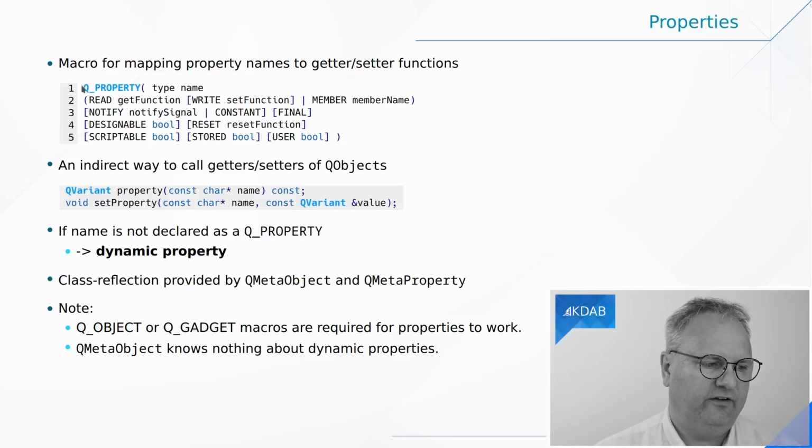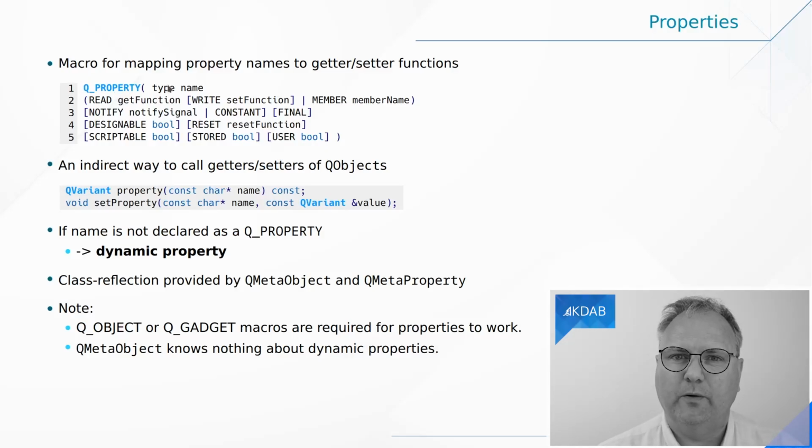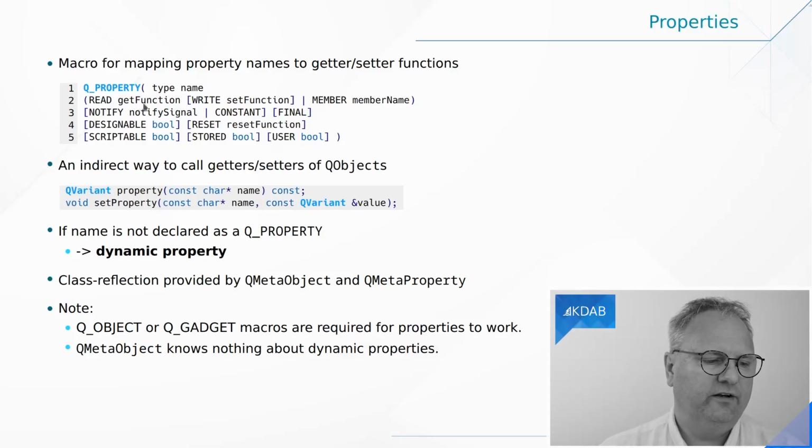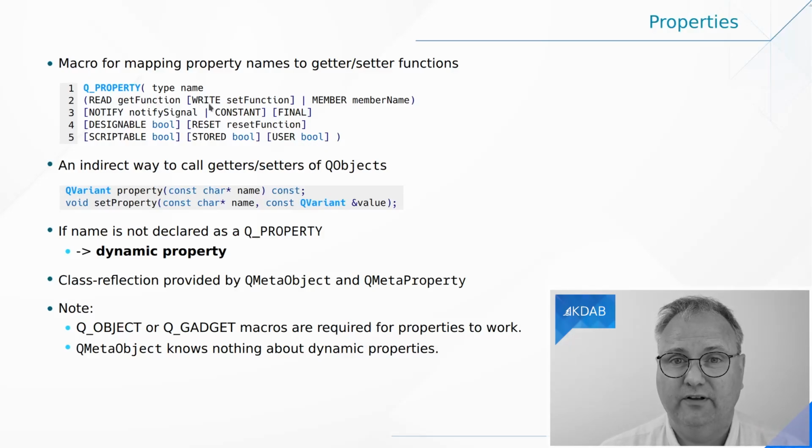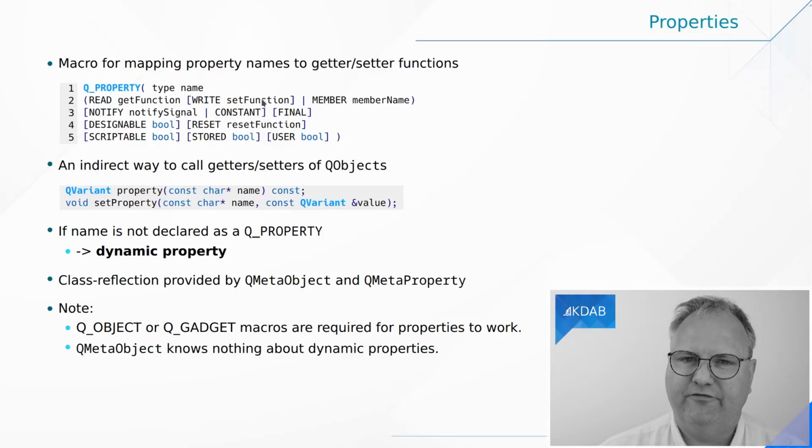But on those classes, I'll be writing code like this: Q_PROPERTY, the name of the type of the property, that could be like QString, the name of the property, text, then READ spelled out, and then the method name I will read it with, WRITE spelled out like this, W-R-I-T-E, in capital letters, and a function for writing it, and a bunch of other things.